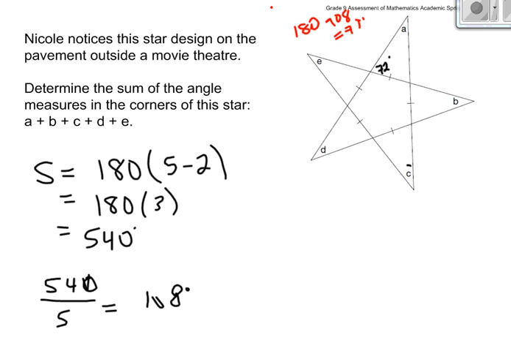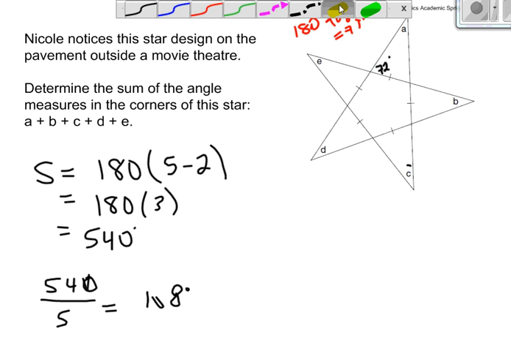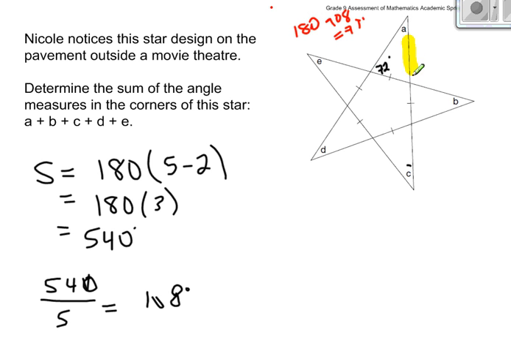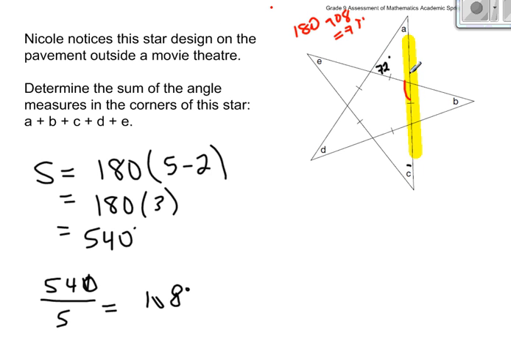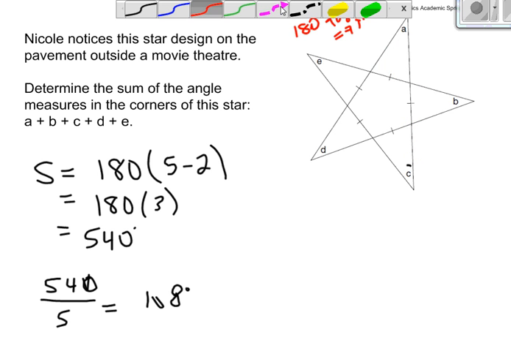Now think about all the other places I can do exactly that same math. There's a straight line here. And I know that this angle is 108, and therefore what must this angle be? Well, it must be 72 degrees by the same math. And keep going. There's a straight line here.